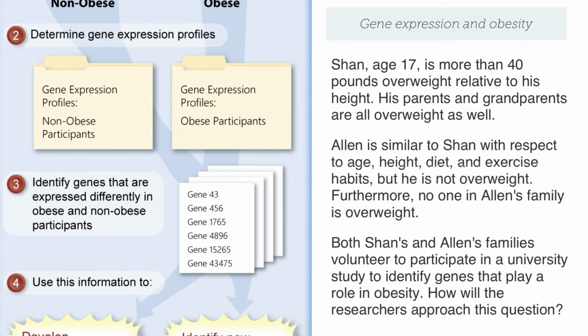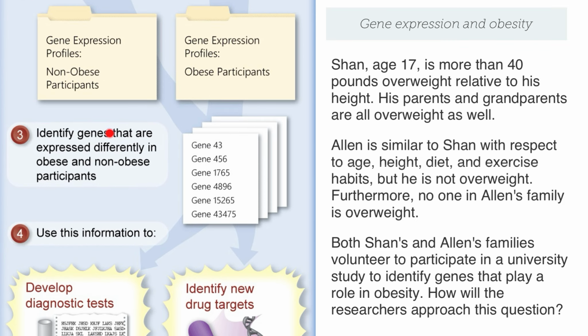In the next stage, we identify genes that are expressed differently in these two groups. For example, in obese participants, we may see that all these genes are suppressed and downregulated, and in non-obese they would show a normal amount of production of messenger RNA and proteins.